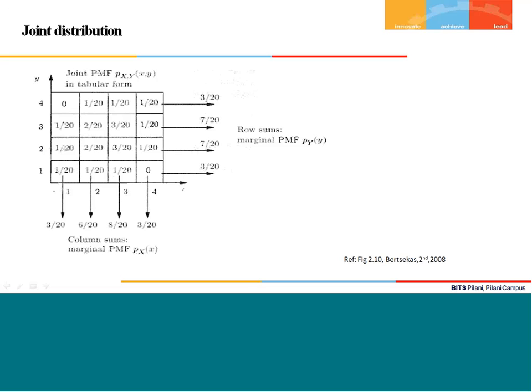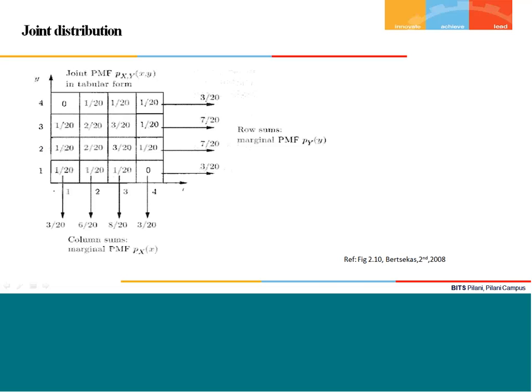If every box has 1 by 20 or 2 by 20 or 3 by 20, it is saying that if I pick 3 for x and 3 for y at a time, then the probability of choosing this pair 3, 3 is 3 by 20.